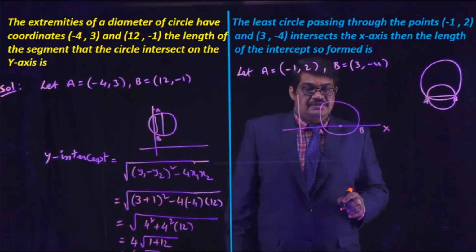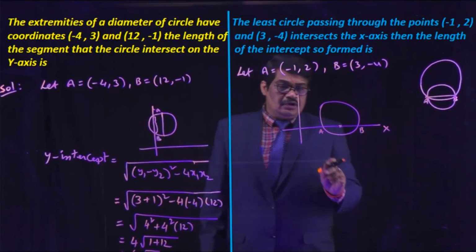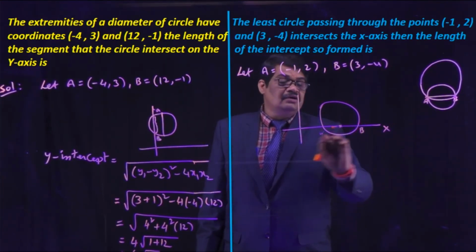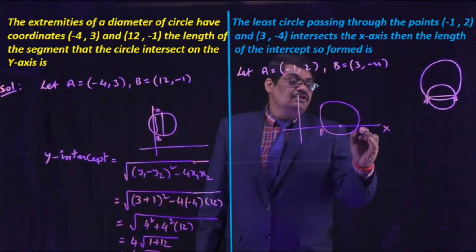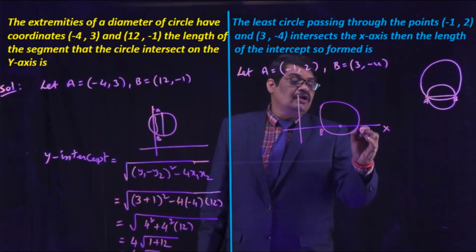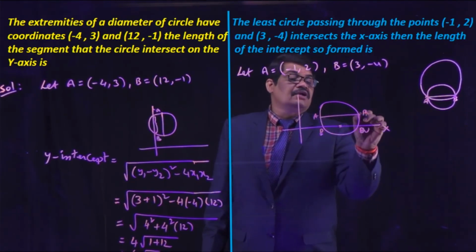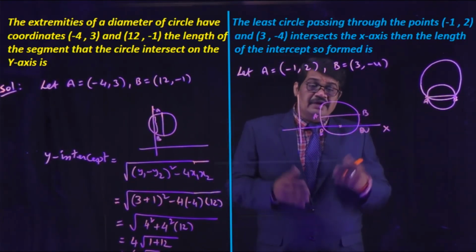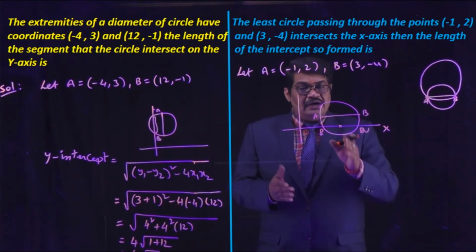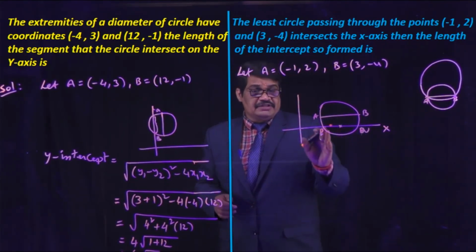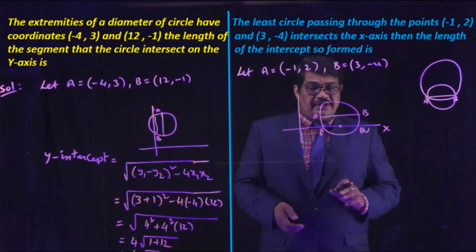This is the x-axis. The two given points are taken as P and Q, the endpoints of the diameter of the circle, and we have to find the intercept made by the circle on the x-axis.